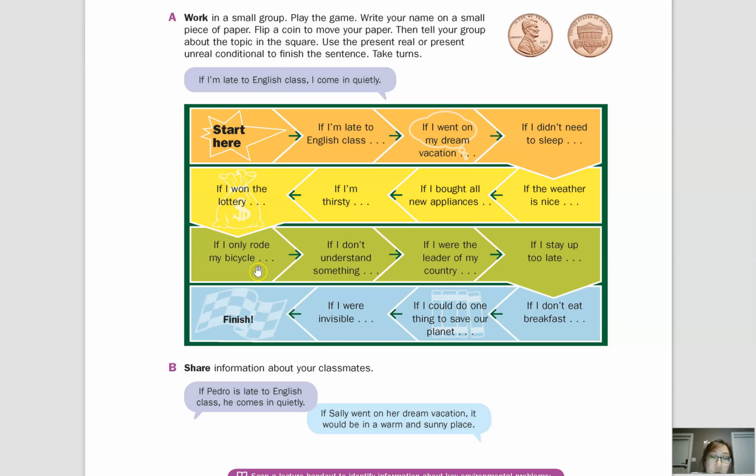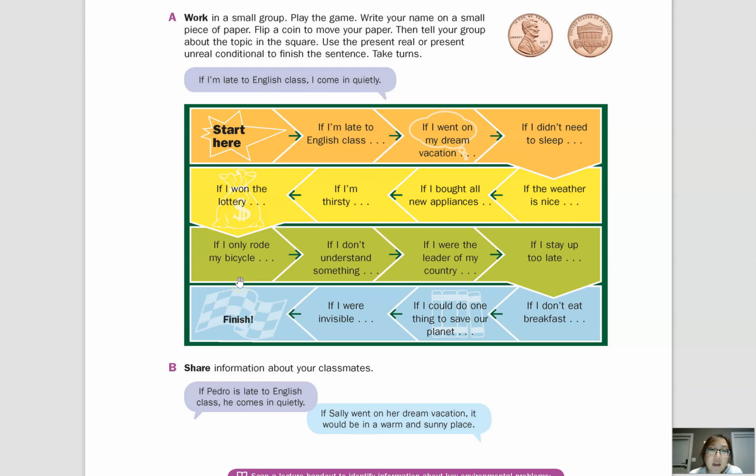And then the next one. What would you do if you only rode your bicycle? So this might be pretty likely if you lived in a different country, or if you lived in the middle of the city where it's difficult to park and drive a car, or there's too much traffic and it's easier to ride your bicycle, then yeah, this is possible.